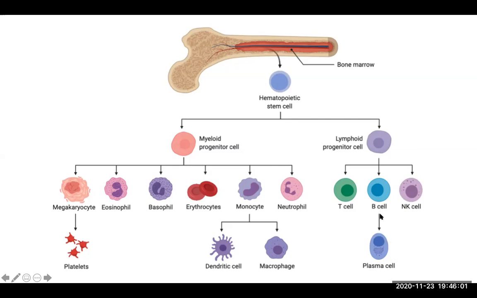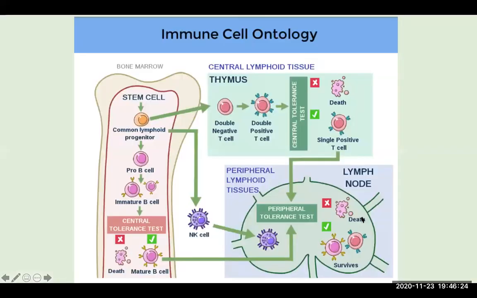Or, and you should draw another arrow, you could put memory cell, which is a huge component of how we get long-term immunity. T cells can also form memory cells, and T cells are involved in cell-mediated immunity. So we have 2 types of immunity within the adaptive immune system.